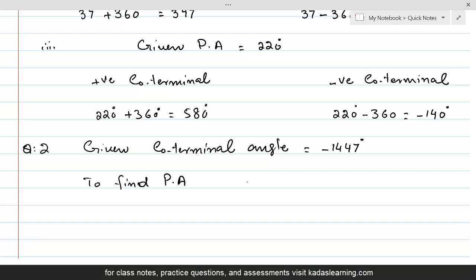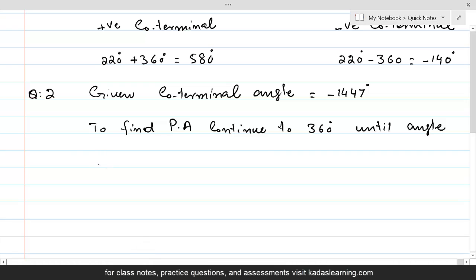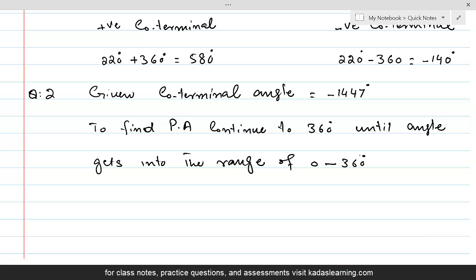So to find PA, continue to add 360 degrees until the angle gets into the range of 0 to 360 degrees. Because any angle between 0 and 360 is a principal angle. Angles greater than 360 are coterminal. Angles less than 0 are also coterminal.